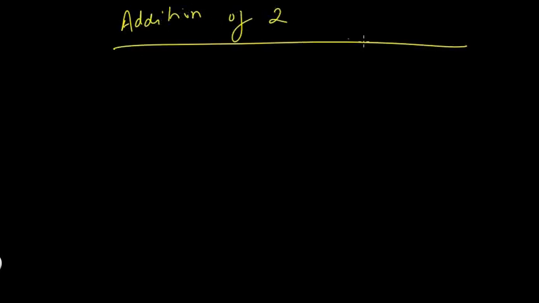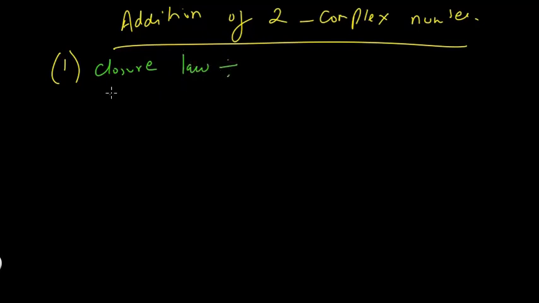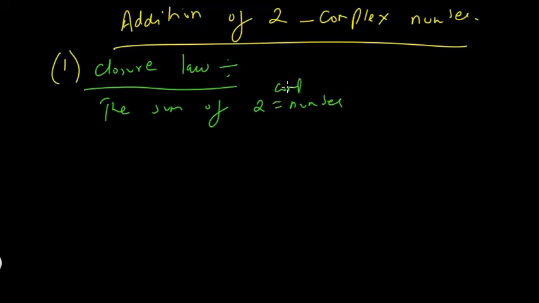So the next topic is the addition of two complex numbers. How to add two complex numbers. The first law is the closure law. What closure law states is that the sum of two complex numbers is a complex number.